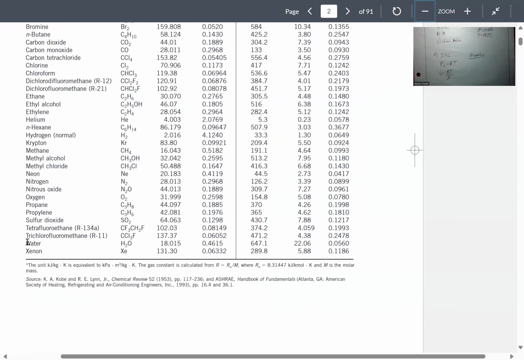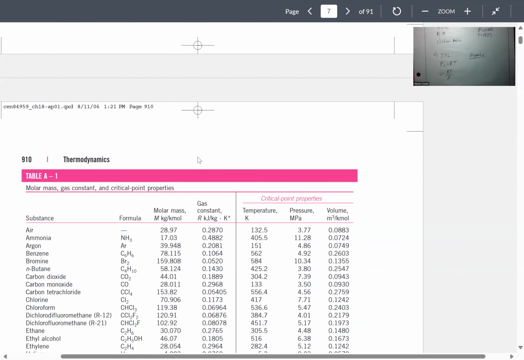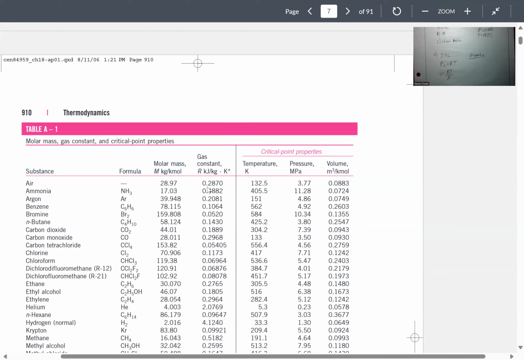So again, this is Shapiro and Bowles, and you can see they've provided the source where they're getting these, actually from the American Society of Heating, Refrigerating and Air-Conditioning Engineers, ASHRAE. So gas constant, units of kilojoules per kilogram Kelvin.